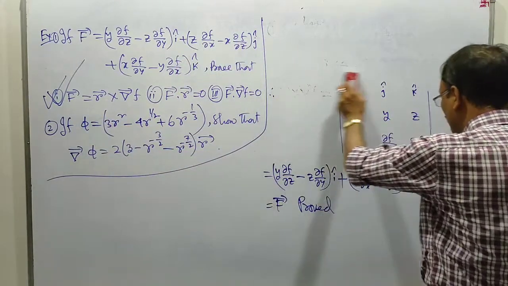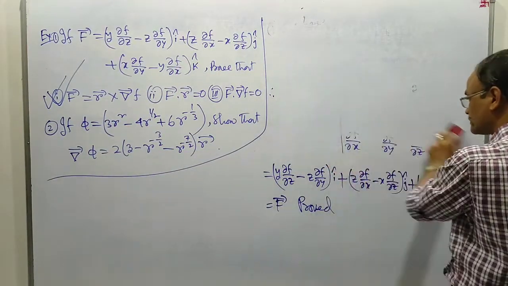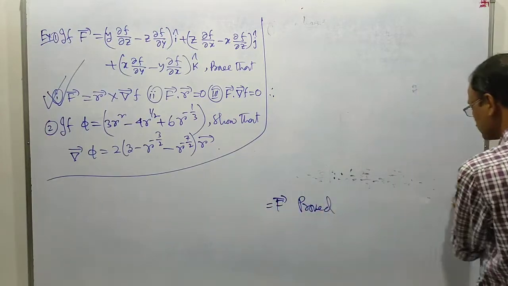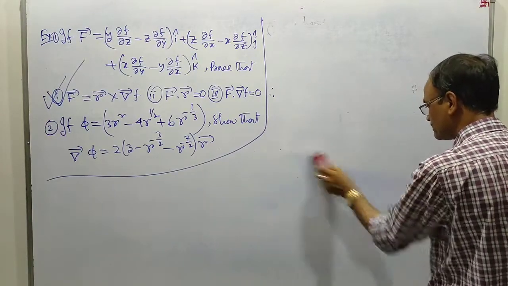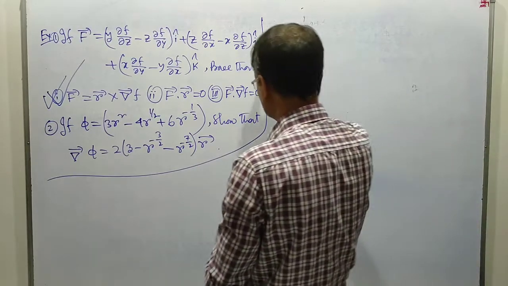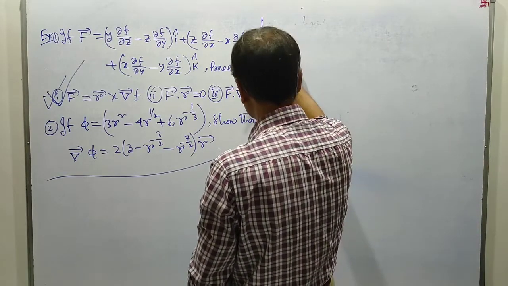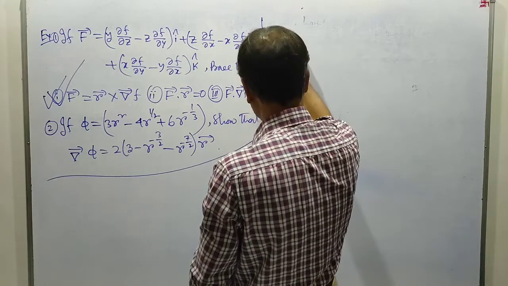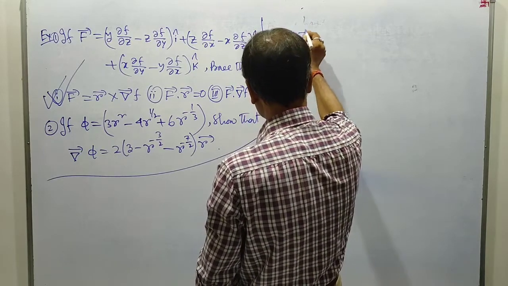Number 1 has been proved. Number 2. F vector dot R vector.